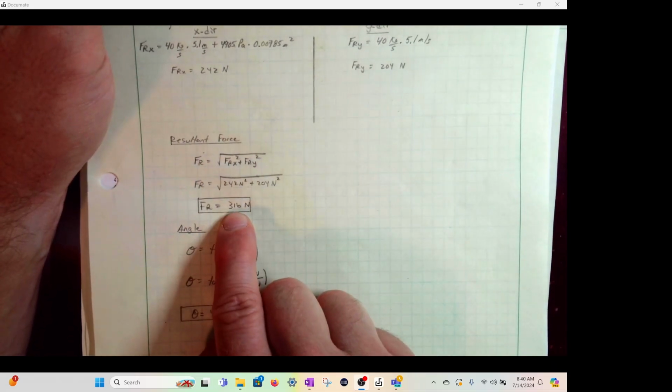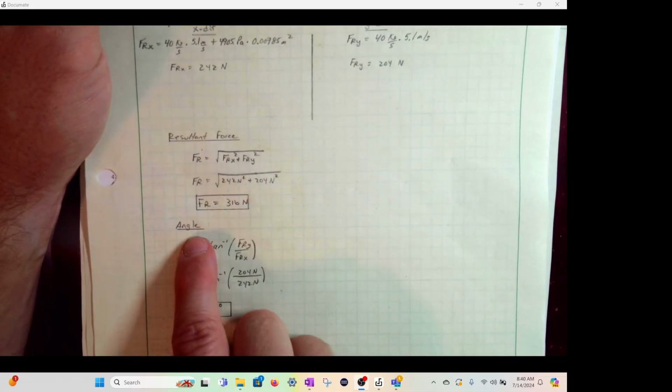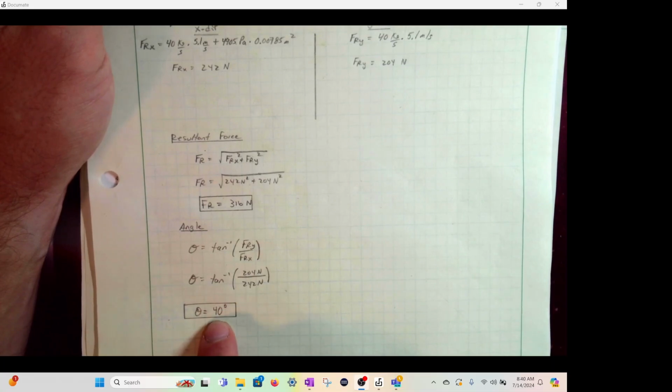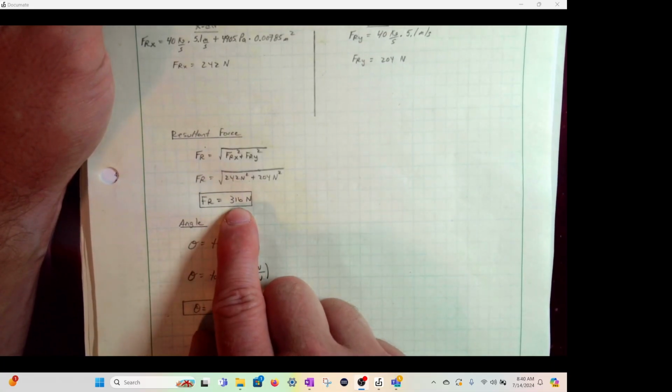Plug our numbers. We box 316 newtons. And then I need to find the angle, and I also boxed that, even though it didn't ask for it, but you need to know that. You need to know that this angle acts at 40 degrees, 316 newtons.